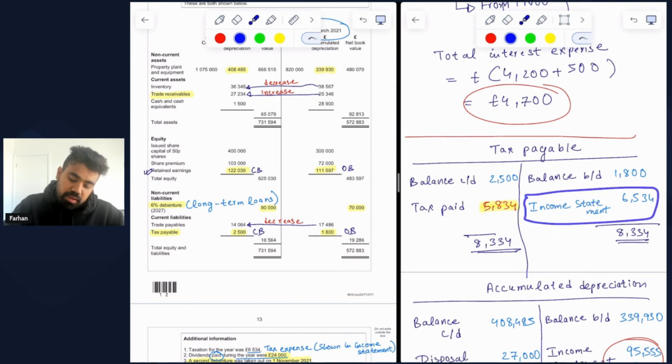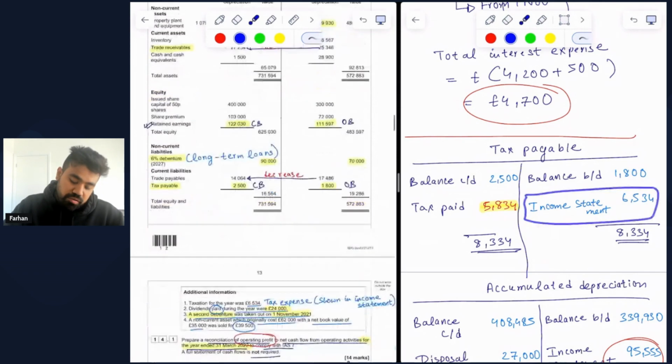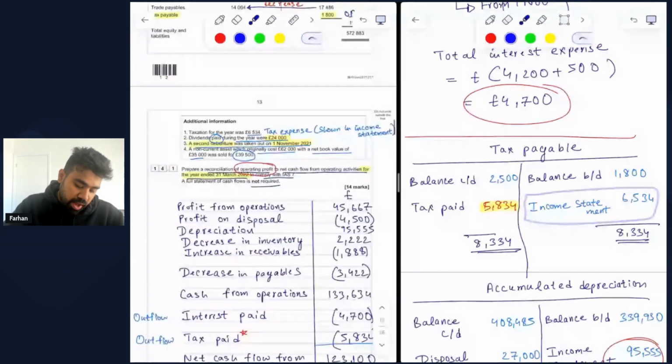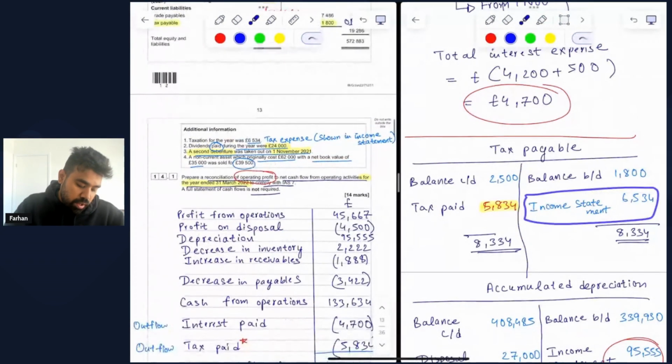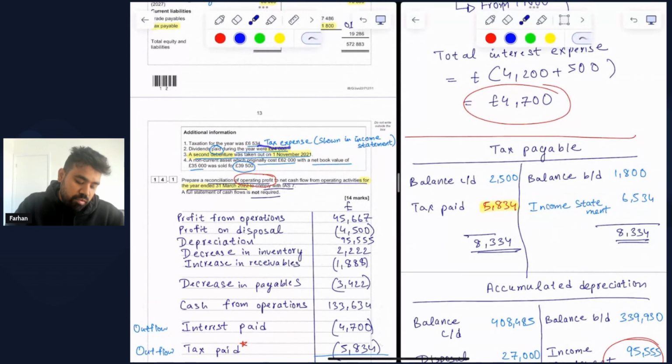This amount has been given to us in the additional information. It clearly mentions that taxation for the year was £6,534, which refers to the tax expense for the year, which is what we show in our calculation for profit in the income statement. So that is something that we already know.